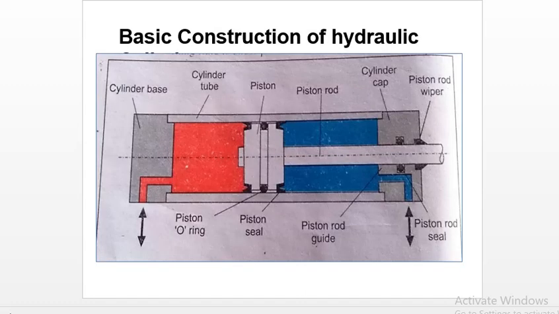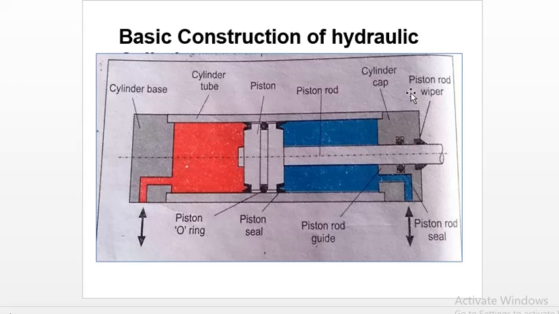Then the basic construction of a hydraulic cylinder or hydraulic actuator. The cylinder has the cylinder base, then cylinder tube, then piston rod, cylinder cap, then piston rod wiper to clean the piston rod every time it is exposed to the atmosphere.